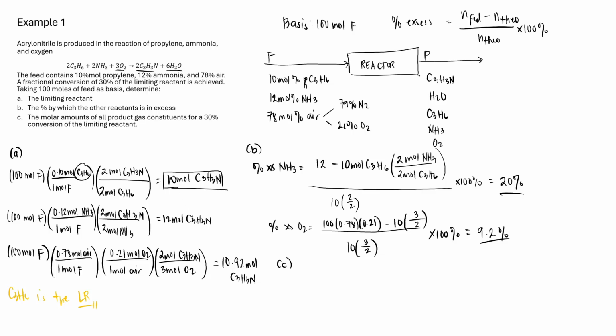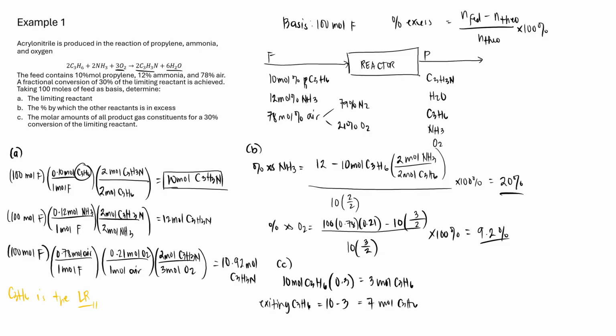So that's 10 moles C3H6, but only 30% will react. So that means 3 moles C3H6 reacts. So the exiting C3H6 is 10 minus 3, so 7 moles C3H6.